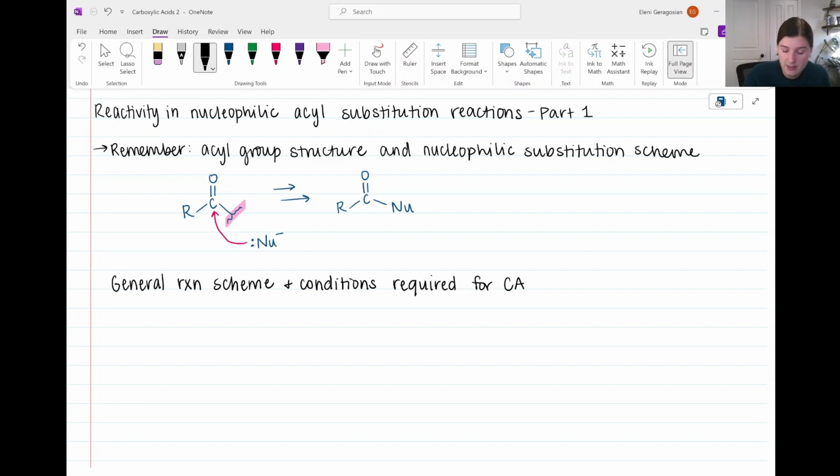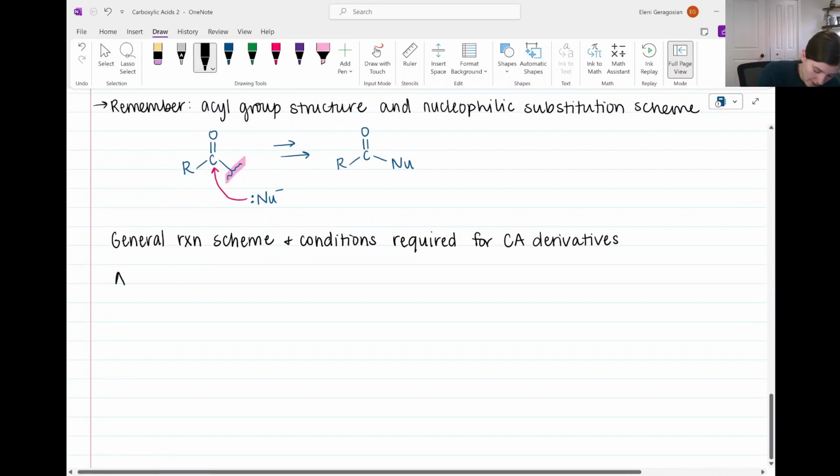CA is short for carboxylic acid. So we're talking about carboxylic acid derivatives. Since we've started the carboxylic acid unit, we've learned about four derivatives: esters, amides, acid chlorides, and anhydrides. So those are the four that we'll be comparing, along with carboxylic acids.